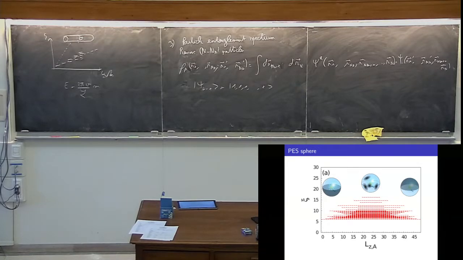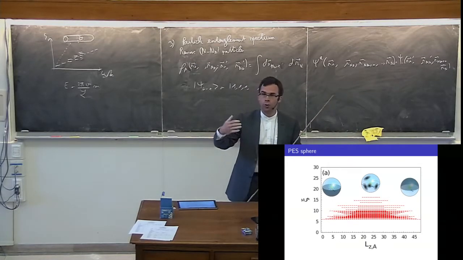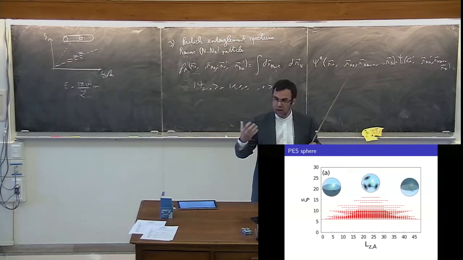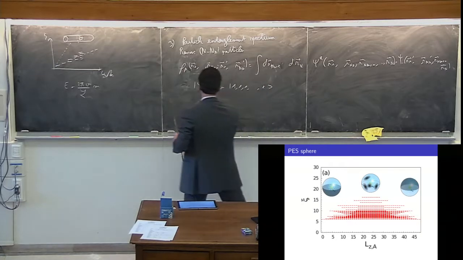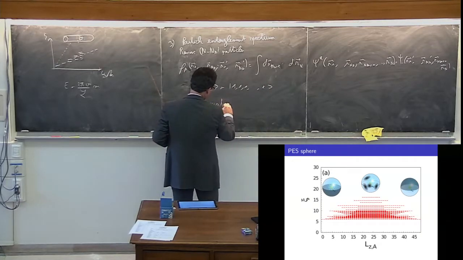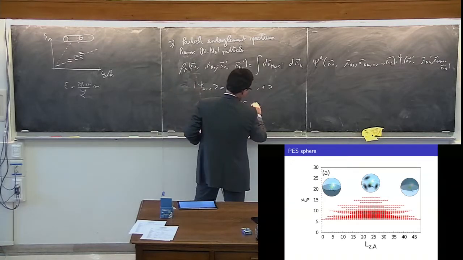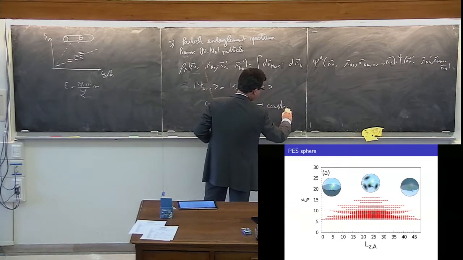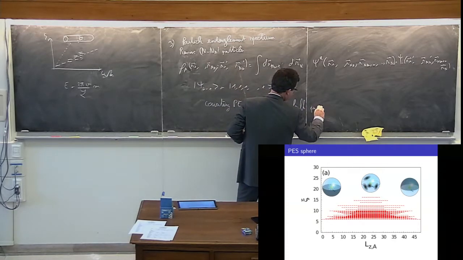So the number of states that you get per LZ sector actually matches the number of quasihole states that you can build with Na particles. So the counting of the PES, the particle entanglement spectrum, is the counting of bulk quasihole states.